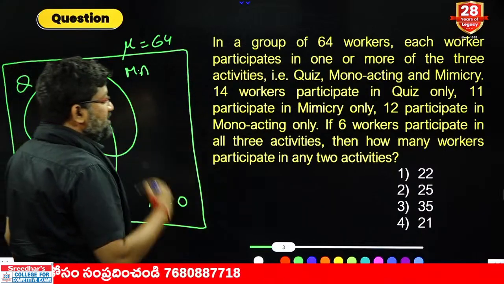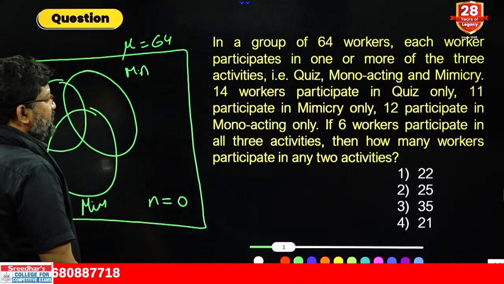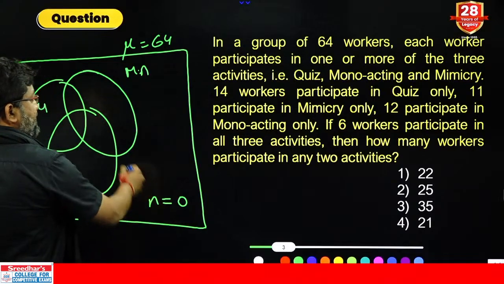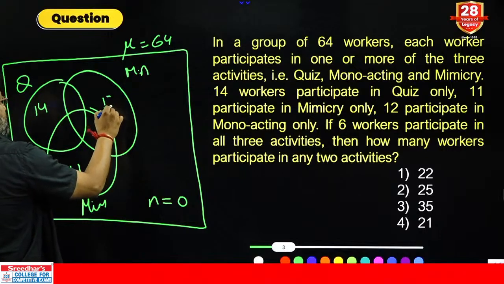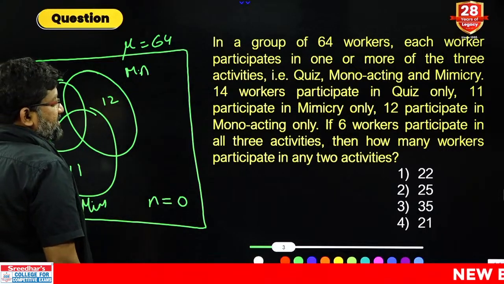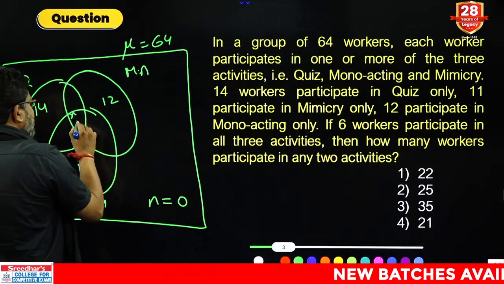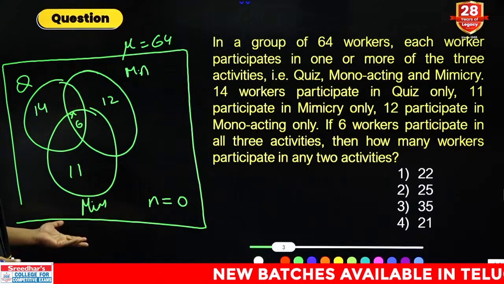14 workers participate in quiz only, this is 14. And 11 participate in mimicry only, 12 participate in mono acting only. If 6 workers participate in all the 3, x is equal to 6. Then he asks how many workers participate in exactly 2 activities.